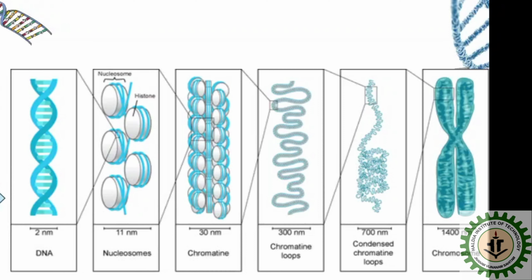This 30 nanometer string is normally seen as the interphase chromatin, and we call these things chromatin during our experiments. Now, with the help of some non-histone proteins, this 30 nanometer string is packed in loops, and the average diameter of that structure is 300 nanometers.